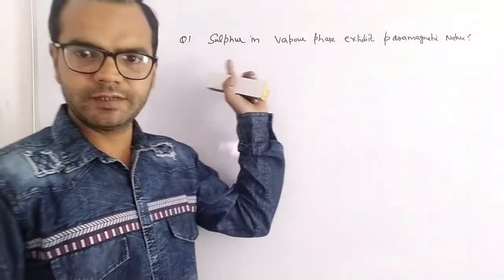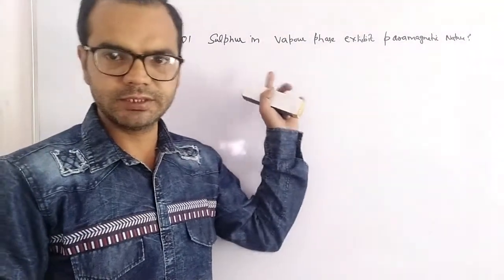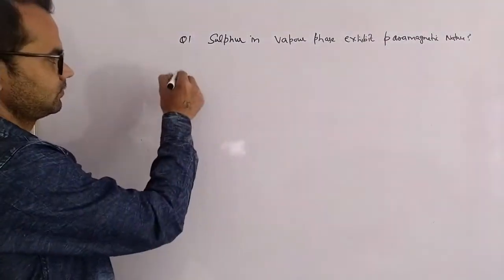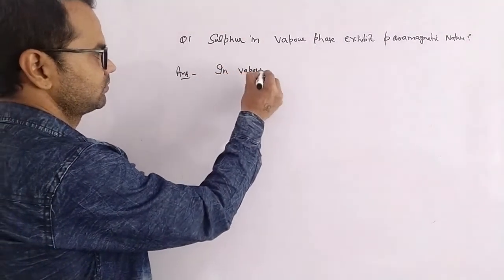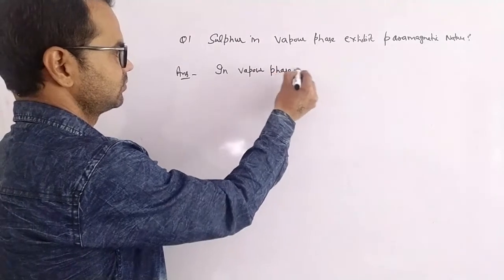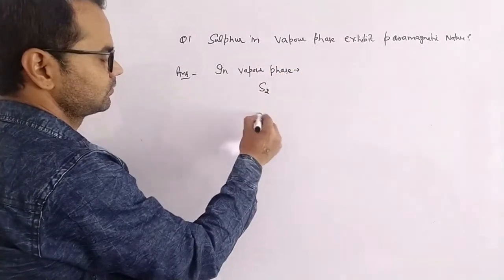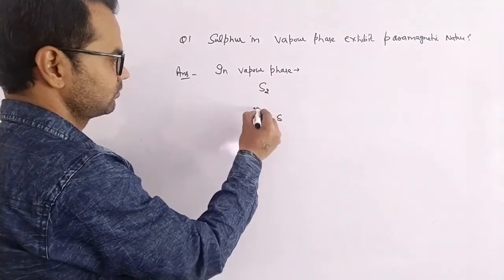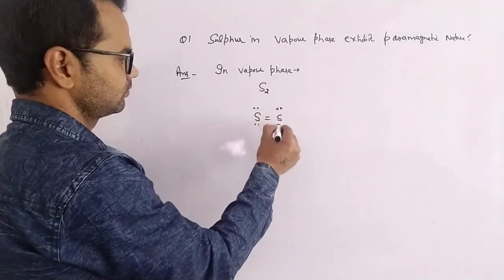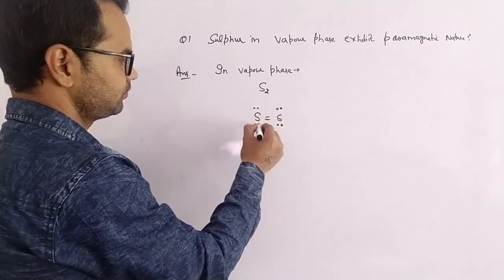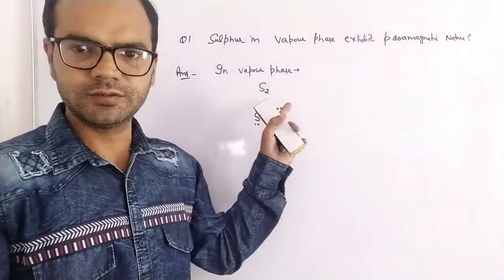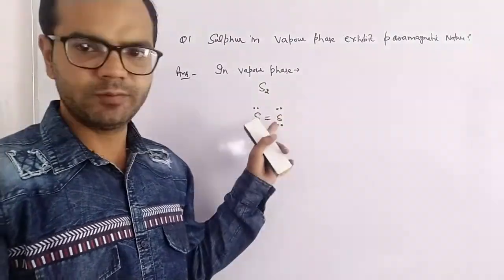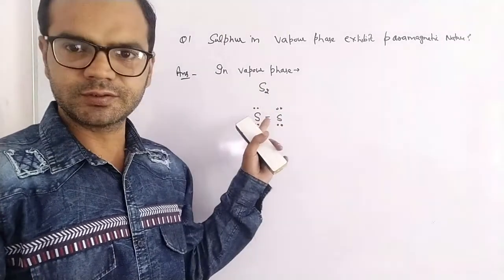In the vapor phase, sulfur exists as an S2 molecule, a diatomic molecule, and in the diatomic molecule there are unpaired electrons.